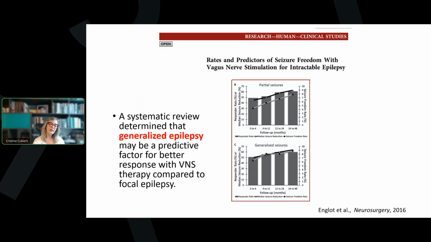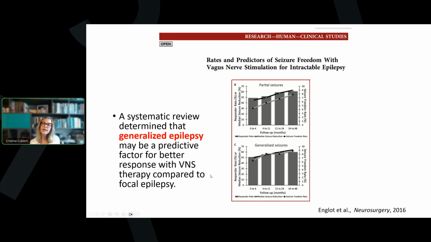I think the seizures with the best improvement are the tonic seizures. And for patients with atonic seizures, we go to callosotomy, because we know that the response to callosotomy is much better than other techniques for atonic seizures.